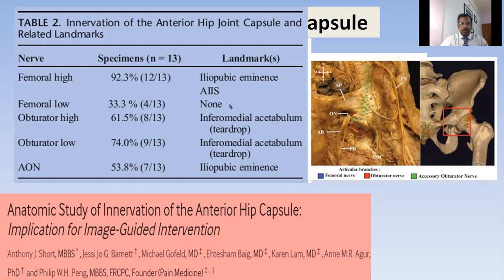The iliopubic eminence and anterior superior iliac spine are the relevant landmarks for the high articular branches of the femoral nerve, and it was found in almost 92% of specimens. For the obturator nerve high and low branches, the inferior medial acetabulum, that is the radiological teardrop, is the important landmark where you will find these articular branches. And for the accessory obturator nerve, the landmark is the same as the femoral, that is the iliopubic eminence.